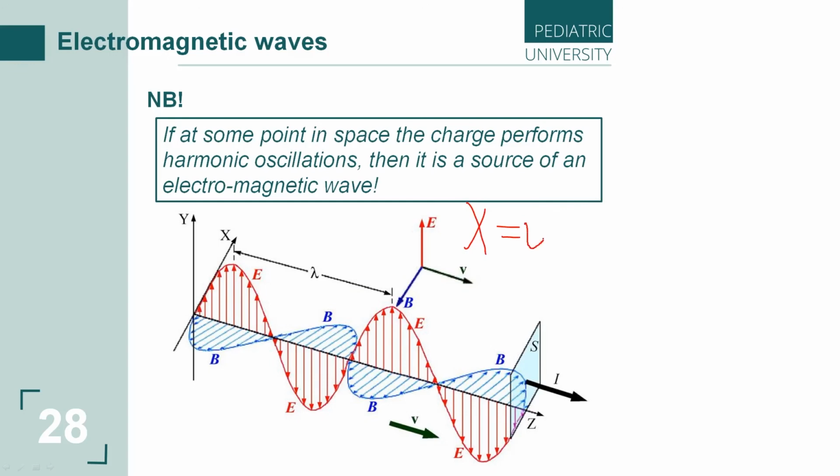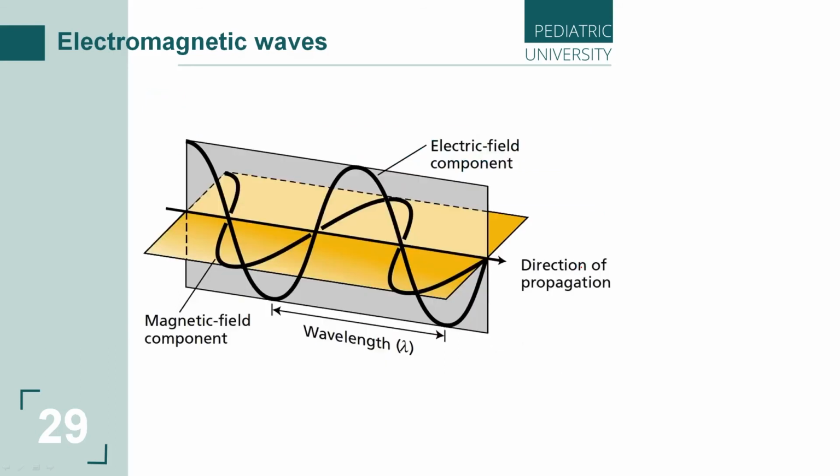We should take the velocity v of our wave multiplied by the period. That's all. It will be the wavelength of our electromagnetic waves. This is one full oscillation.